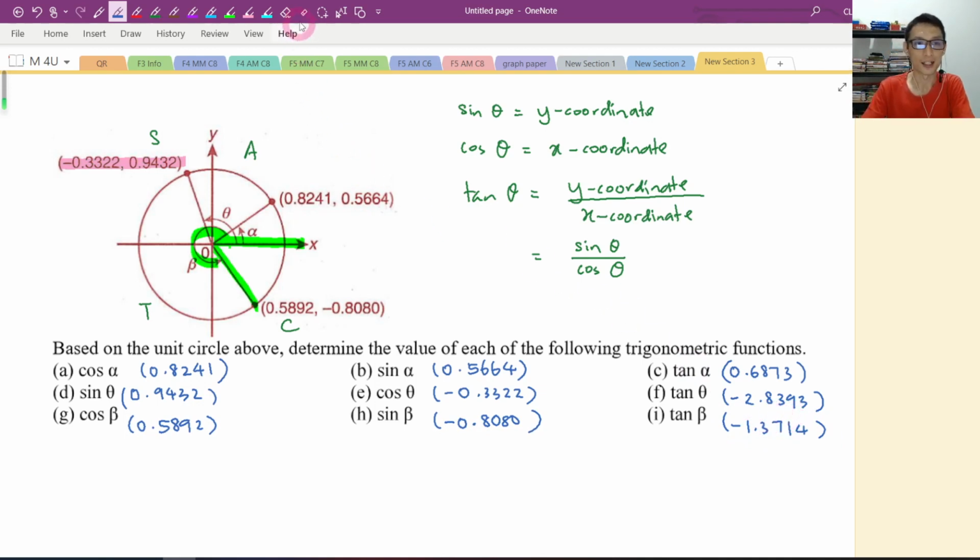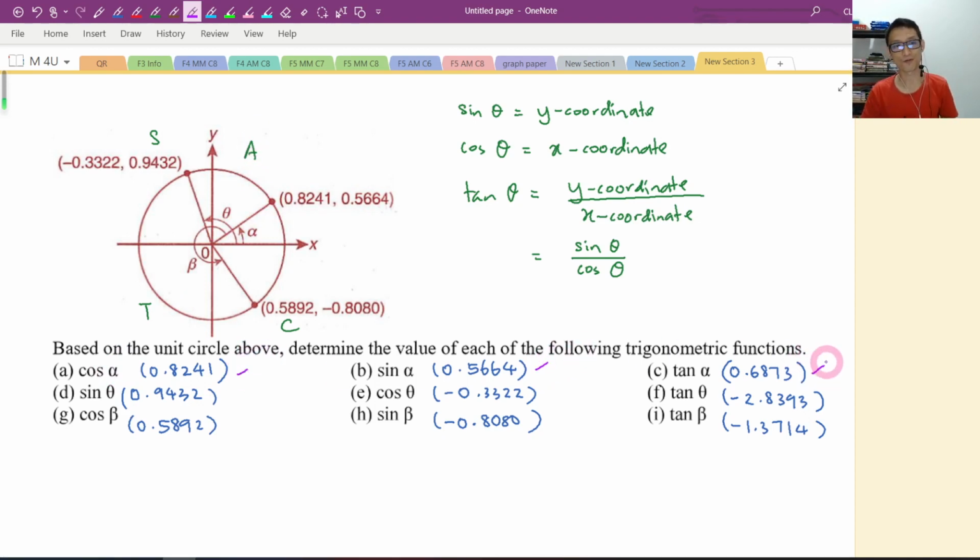Okay, now let's go back to this one. You will notice that alpha is the first quadrant, right? So sine, cosine, and tangent all positive, right? All positive, you see?